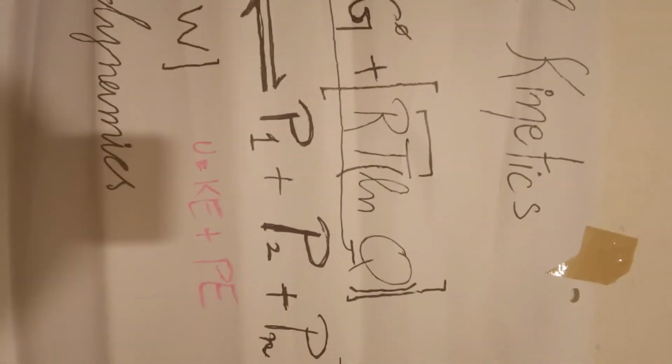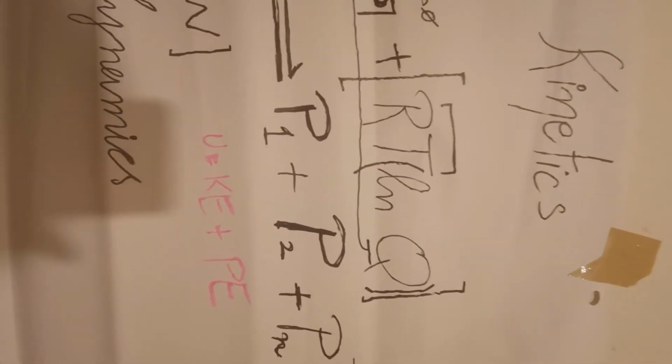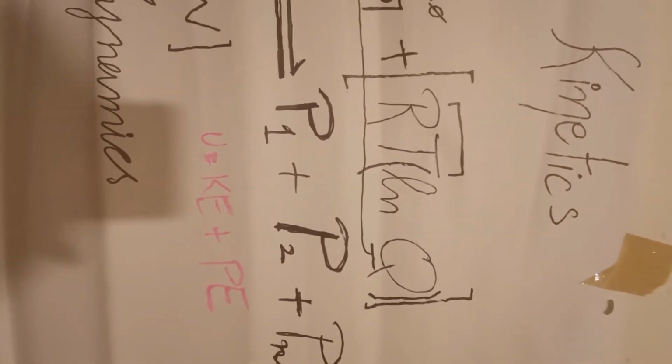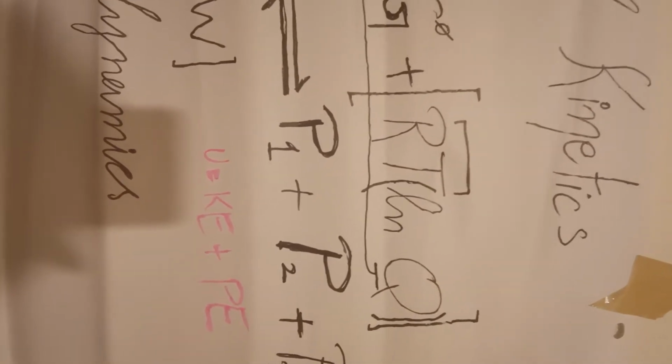Now, the common factor between these equations and the Gibbs free energy is the RT natural log. So that's why I mentioned this, because it's the least discussed equation in advanced chemistry.